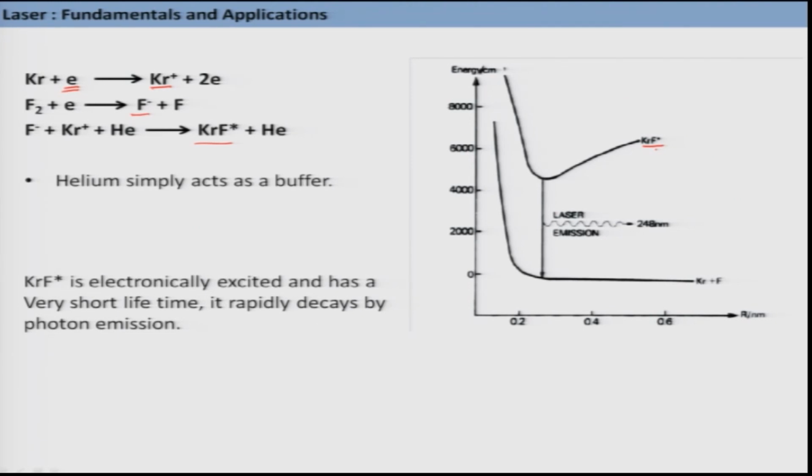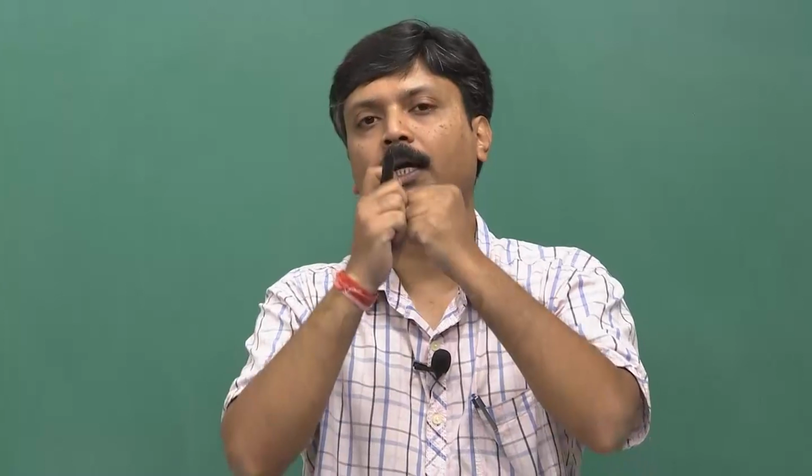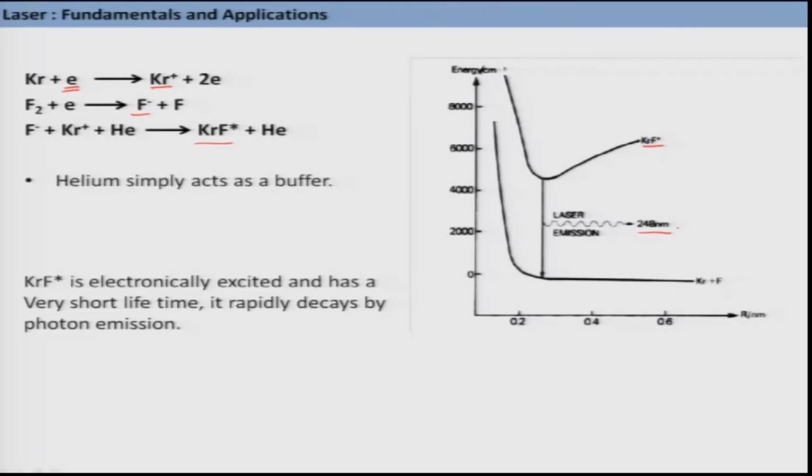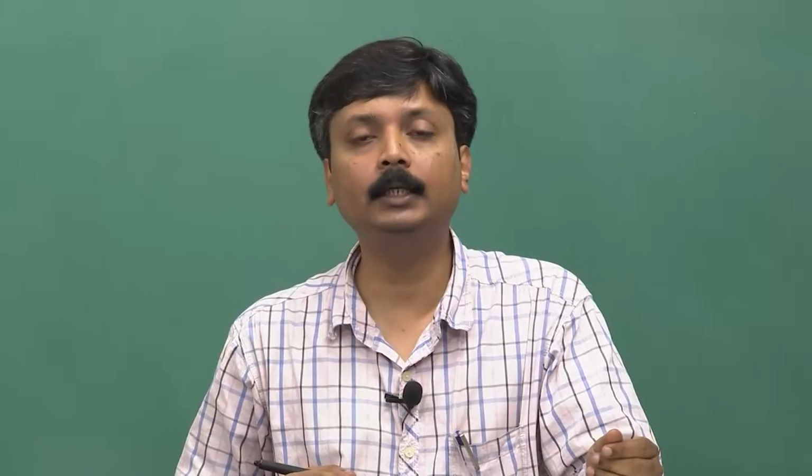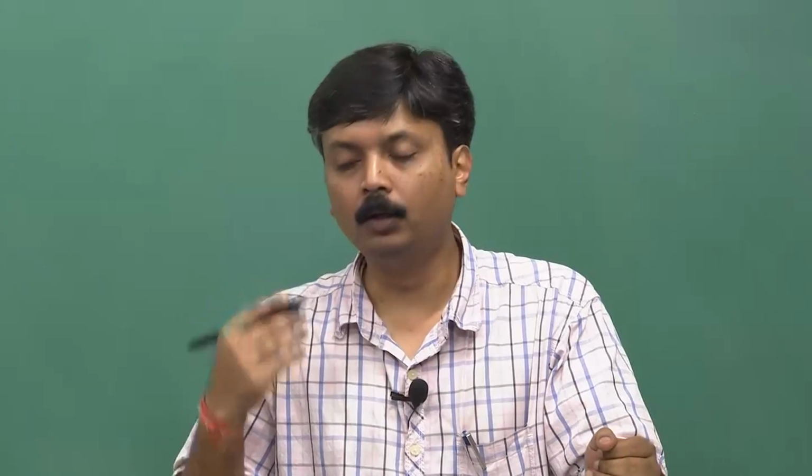It's not a ground state. This is an excited state. So they will come back. When they come back, they again dissociate, and when coming back, they emit the photon, and that's my laser output, and that corresponds to 248 nanometer, which falls in the ultraviolet region. So this Excimer laser, particularly this krypton fluoride laser, is a good source of UV light.